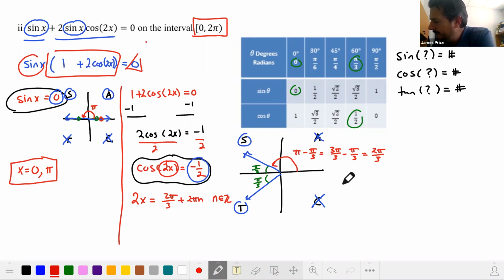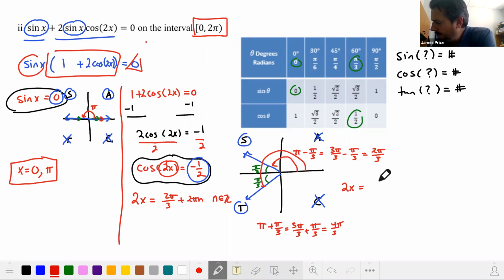And then we have another answer over here, 2x is equal to, and the second answer is right there. And to find that answer, the idea is go pi halfway around and add pi over 3. So pi plus pi over 3. And common denominator, so it's 3 pi over 3 plus pi over 3, which is 4 pi over 3. Oops, I missed a pi there.